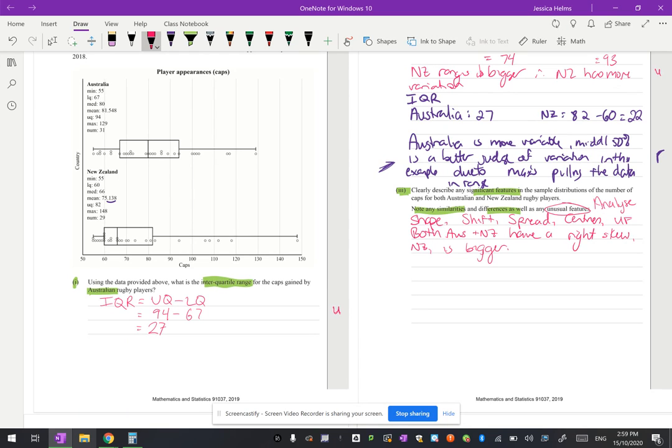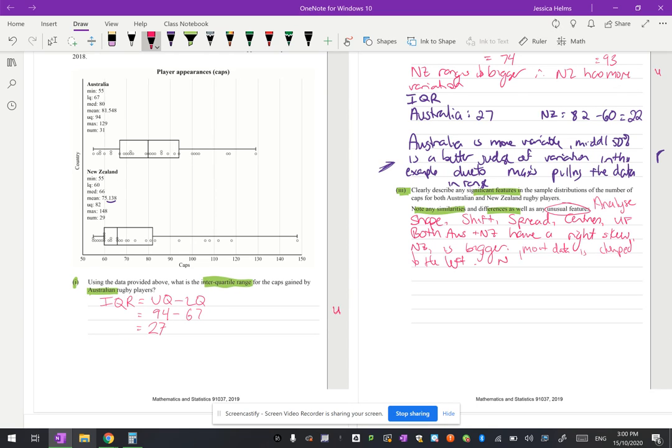Most of the data is clumped to the left, as you can see. And you may want to talk about any clusters as well.